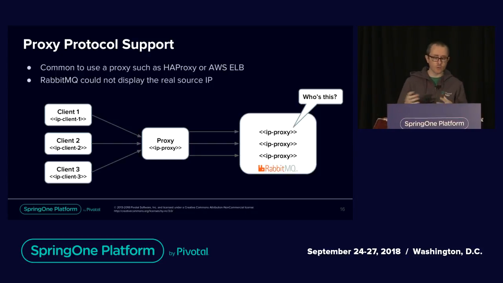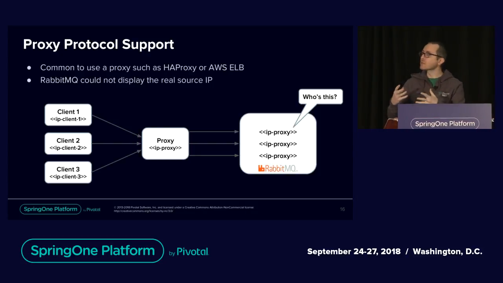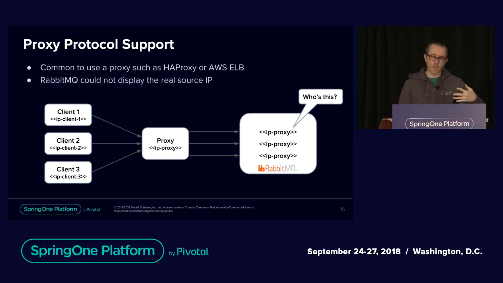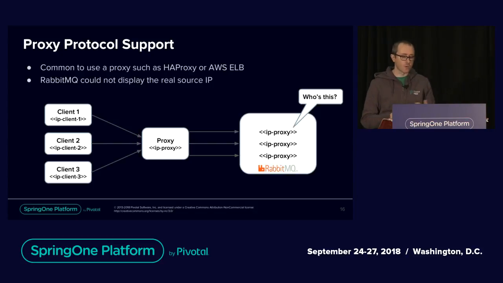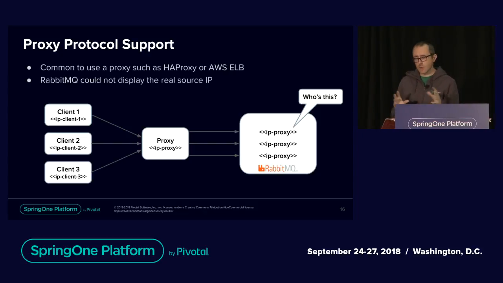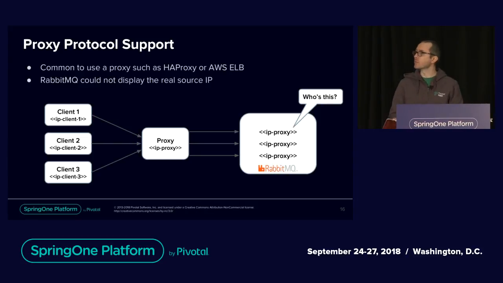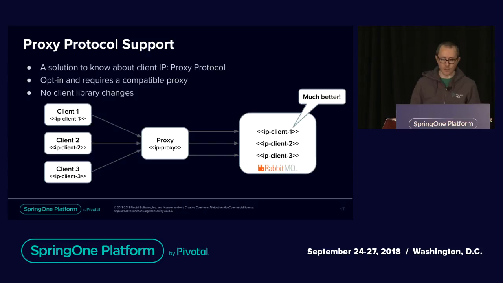So you don't really know where your client is when you look at it from the RabbitMQ standpoint, inside the management UI, for example. Because for each connection inside the broker, we're going to see as its origin the IP of the proxy. So it sounds a bit silly, but this is quite a concern in some deployments. There's a solution for that.